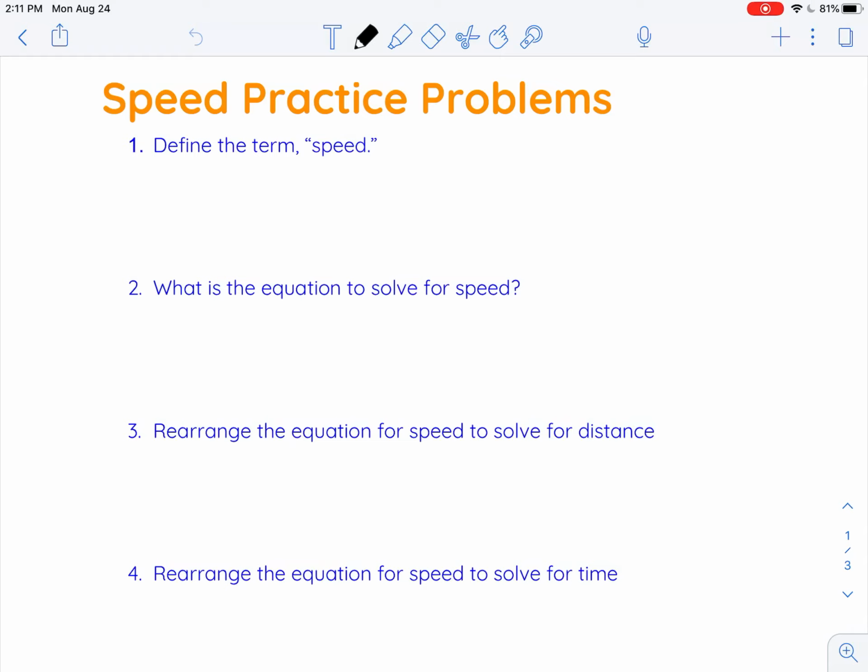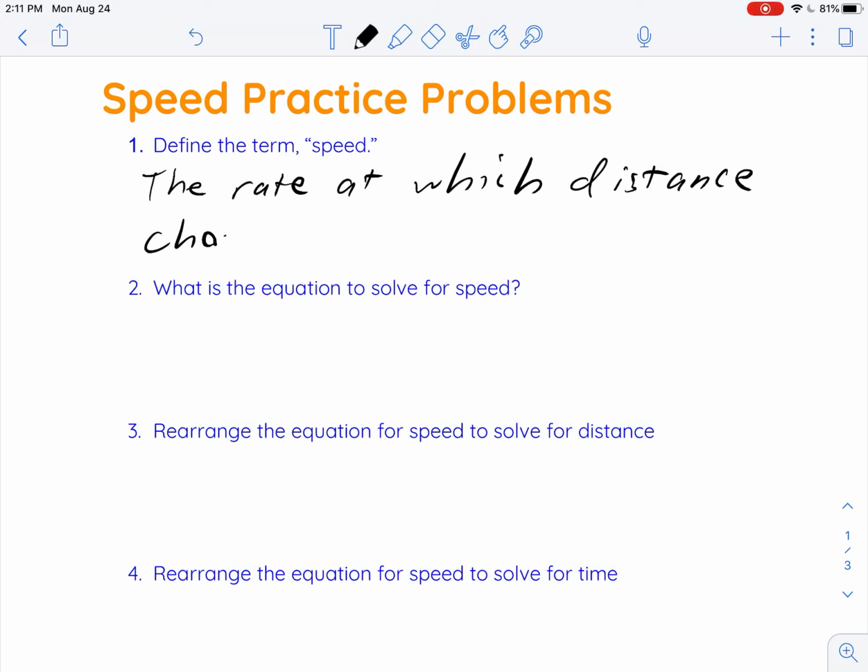Okay, so the term speed, one way we could define this is the rate at which distance changes with time. Okay, and so literally from that definition, the equation pops out.